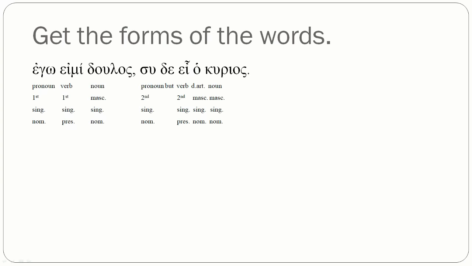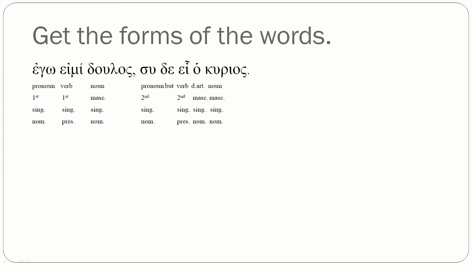This is a first-person singular. It's a dictionary definition form of the verb. It is present tense. Doulos is a noun. It is masculine, singular, and nominative. Su then is your personal pronoun. It's the second singular pronoun, and it is nominative.